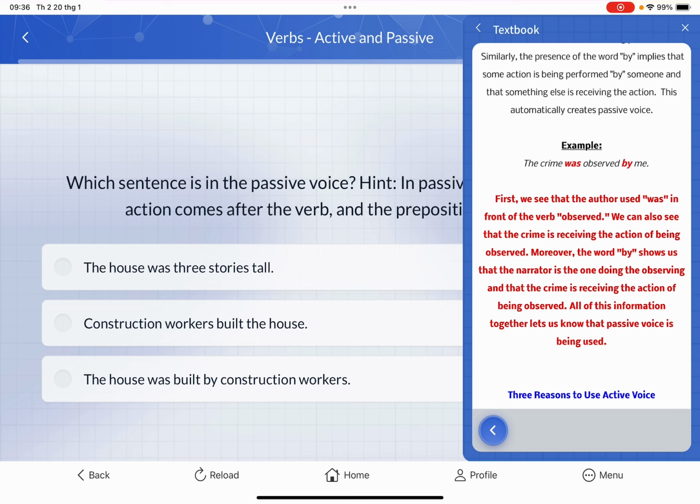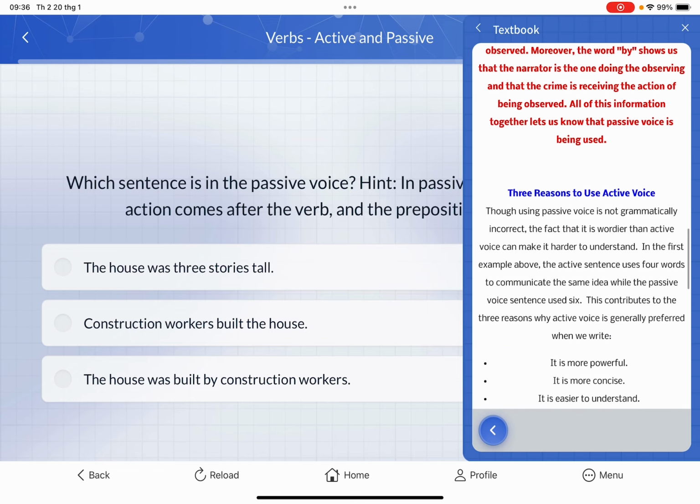We can also see that the crime is receiving the action of being observed, which is by me. The word by shows that the narrator is the one doing the observing, and that the crime is receiving the action of being observed. All this information together lets us know that passive voice is being used in this sentence.